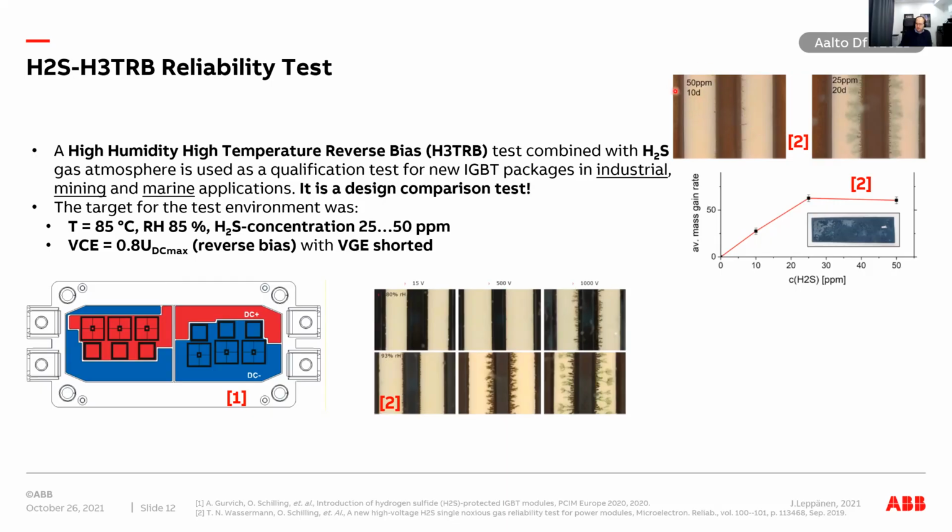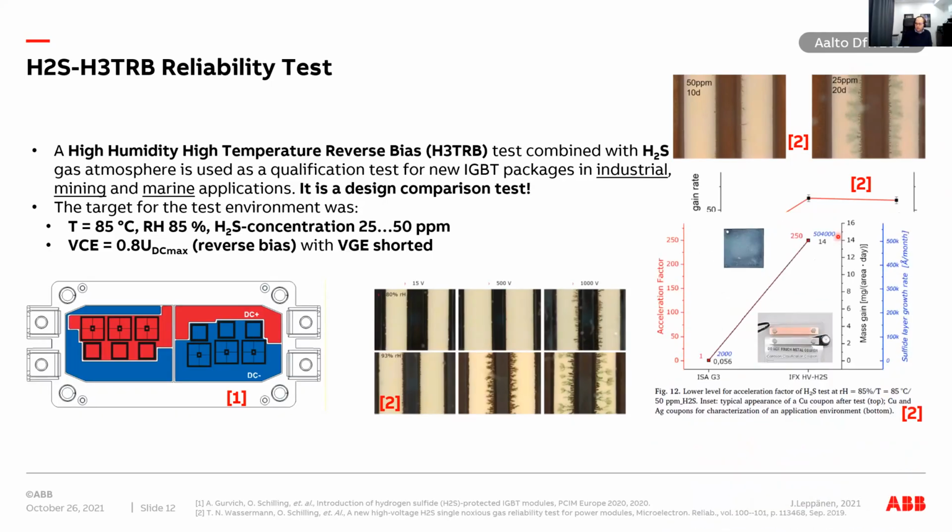This is actually from the 10th day for 50 ppm. You can see clearly already something. Some of them are already almost as long as here, but it's not as dense as here after 20 days at 25 ppm. But nevertheless, in principle it's really enough to have 25 ppm for this kind of a test.